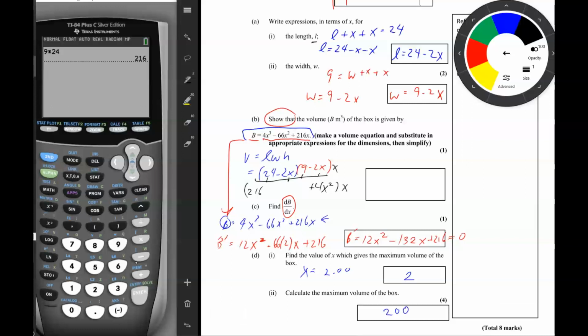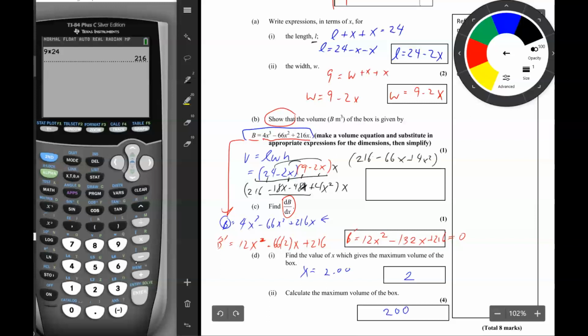If I want the middle outside and inside terms, I would do negative 2x times 9 and negative 2x times 24. That would give me negative 18x for the inside term, negative 48x for the outside term. So if I combine negative 18 with negative 48, I get negative 66. So now I'm down to 216 minus 66x plus 4x squared.